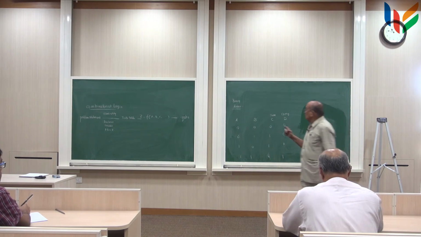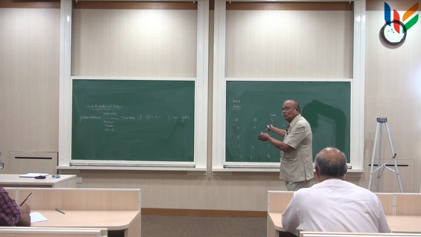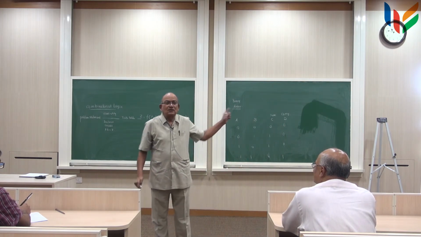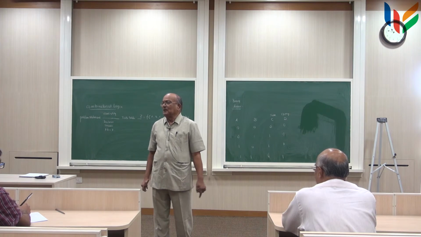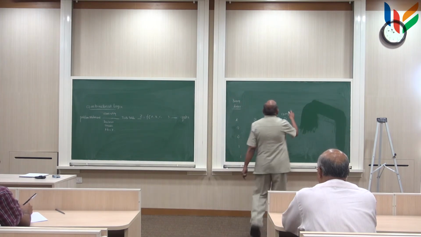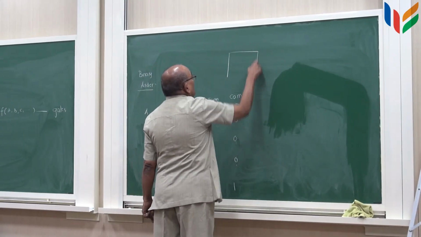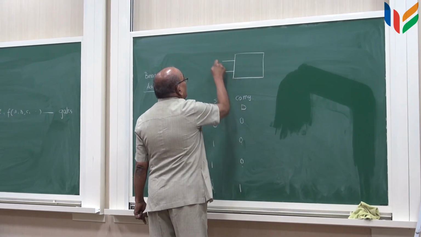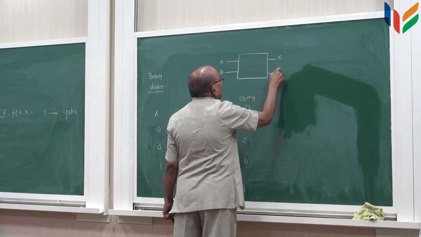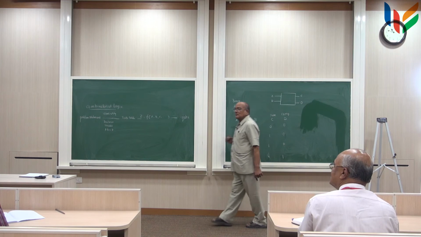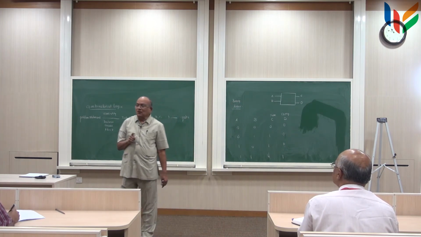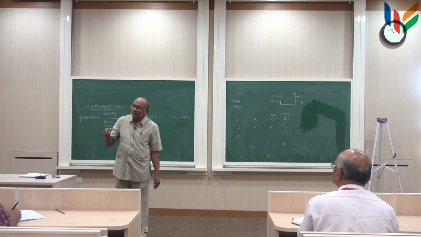So now that I have given you the rule, how to add 2 binary numbers A and B, this is the truth table for the binary adder. So now I have a black box with A and B coming in, and the output is C and D. Now you do this operation for each one of the bits.